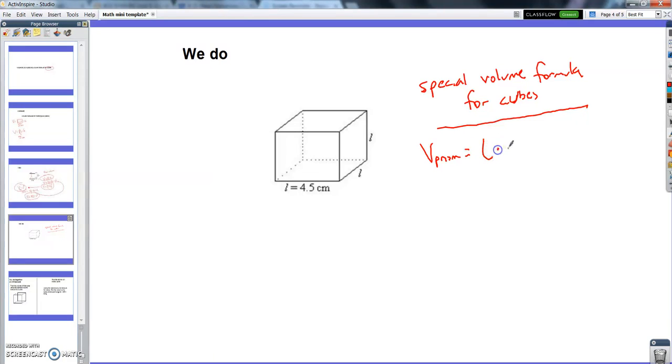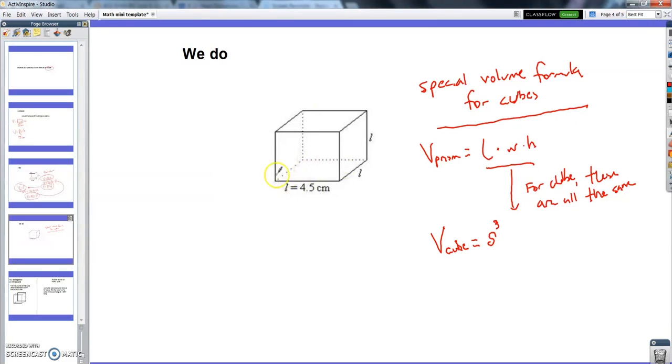is length times width times height, right? But for a cube, these are all the same. So what we usually say for a cube is length times length times length, or width times width times width. And we usually just write it as side to the third power, side cubed, like that.